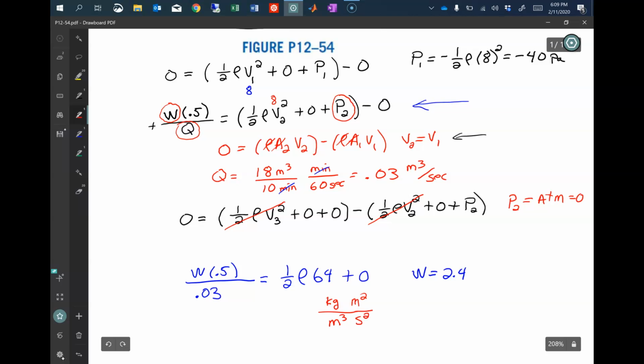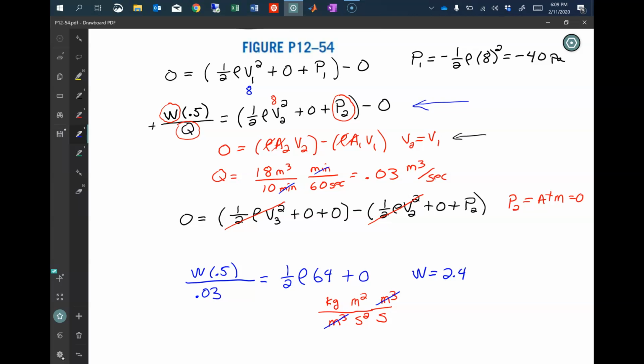The 0.03 is the volume flow rate, so that comes on the top as cubic meters per second. And the 0.5 is unitless. The units are going to work out perfectly. You don't have to worry about them.